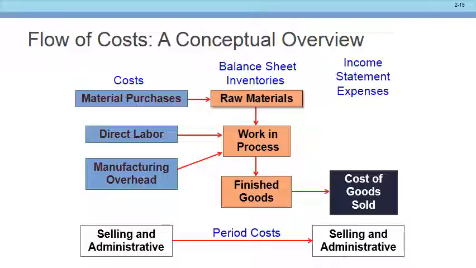They are on everybody? Good. On the balance sheet, and then as we sell those items, they go from the balance sheet to the income statement. Our selling and administrative expenses are expensed each year, right? At the end of the year. Okay, good.